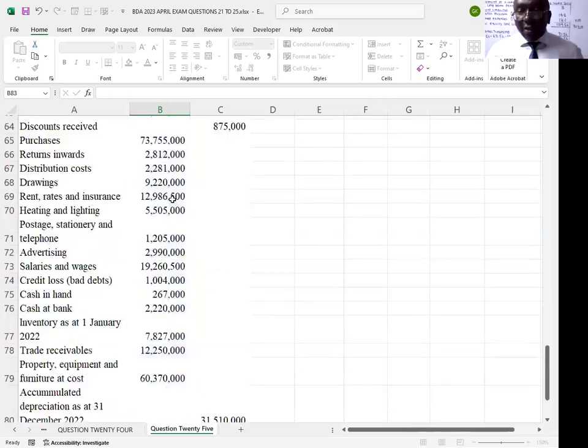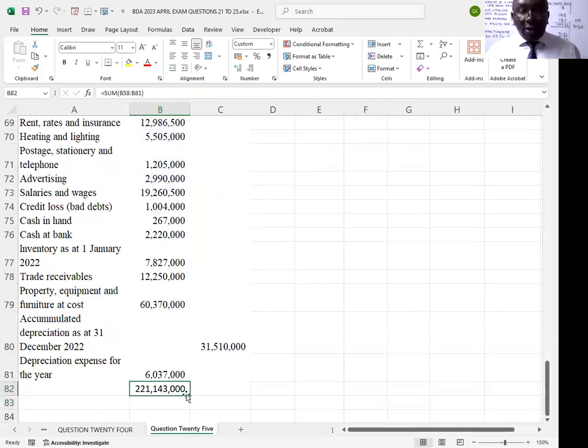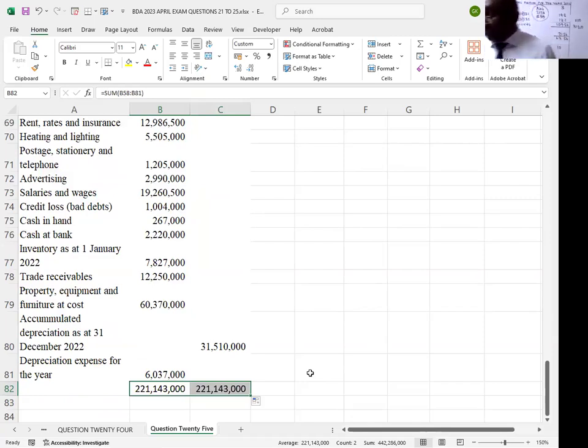Yeah, good. So this one, if you just drag, perfect. You can see it's balancing.